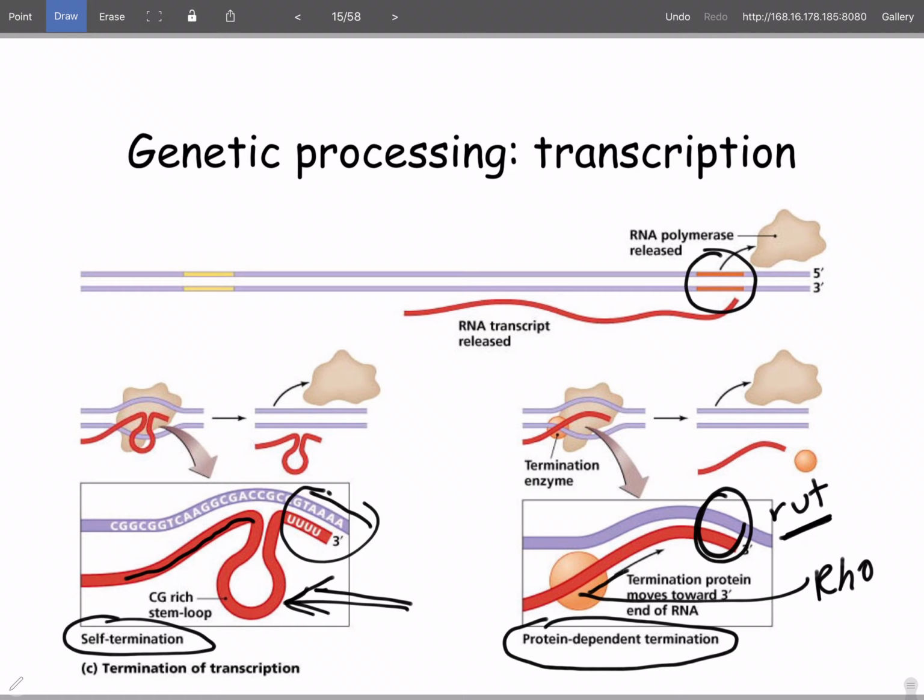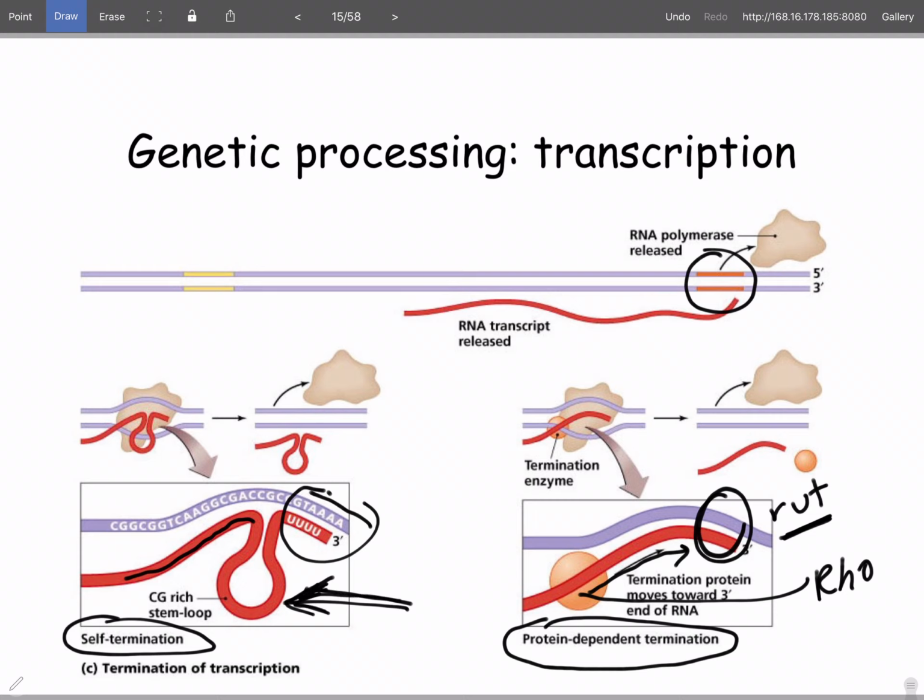Rho has the ability to come up and catch up with RNA polymerase, and it will destabilize it at that specific sequence. Okay? It's believed that it's a structural type of interaction, right, that causes that destabilization at the RUT site. Okay? So that's enzyme dependent, where the enzyme Rho kind of follows along the RNA transcript and kicks RNA polymerase off. And then, like I said, we have self-termination where it's sequence dependent.